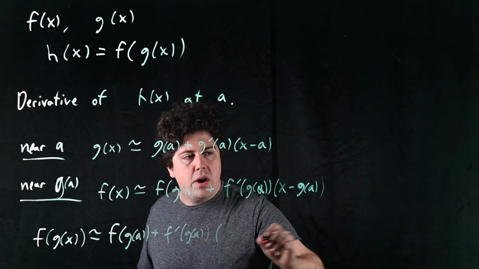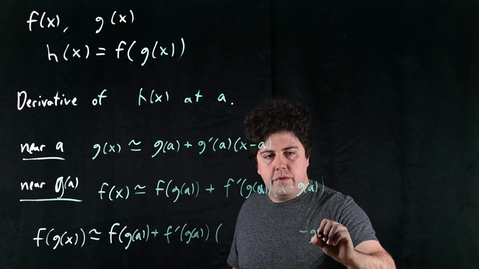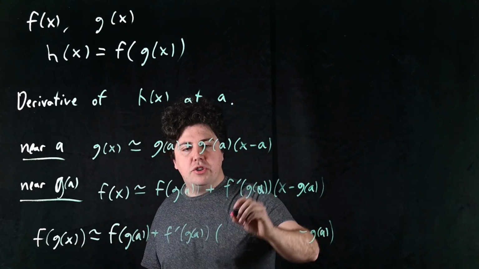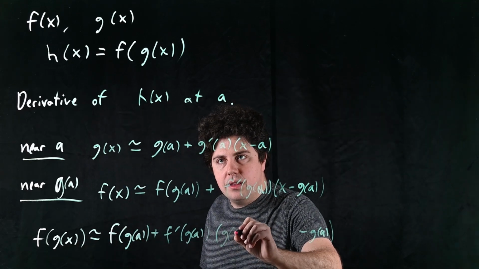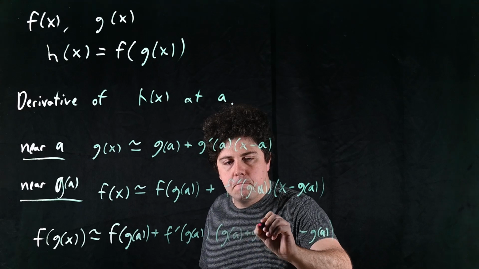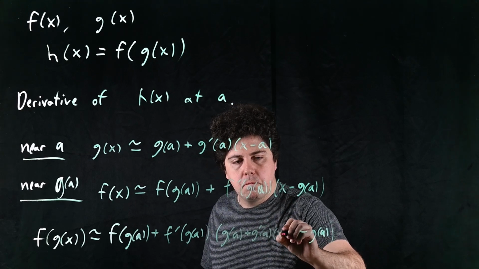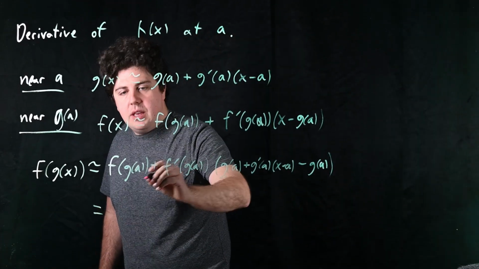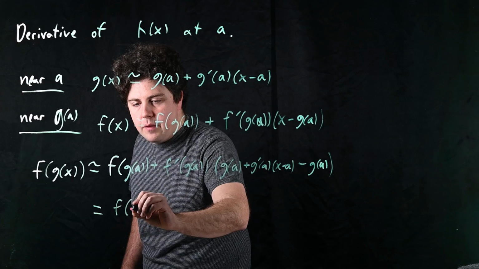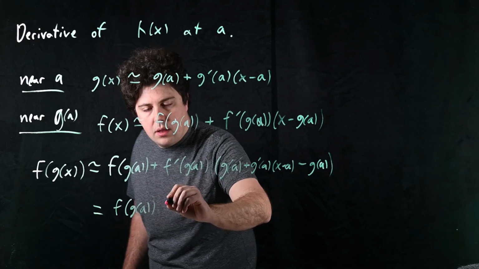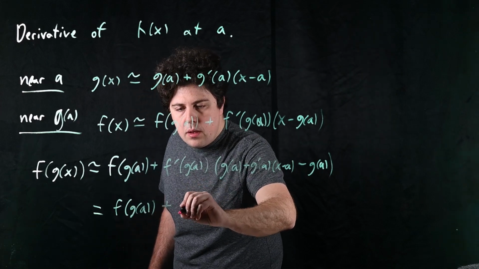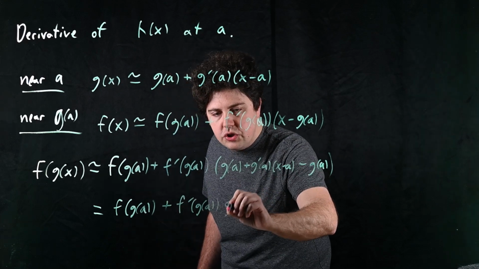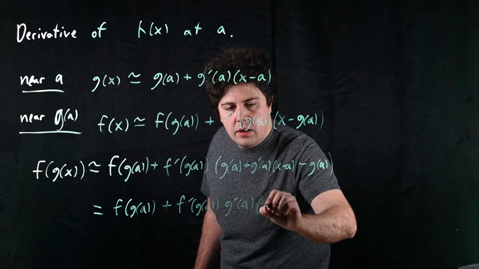So here's just the approximation for f, but now let's plug in for x this approximation for g, and we're going to get this guy here. But of course these g of a's are going to cancel, so this thing is equal to f of g of a plus f prime of g of a, g prime of a times x minus a.